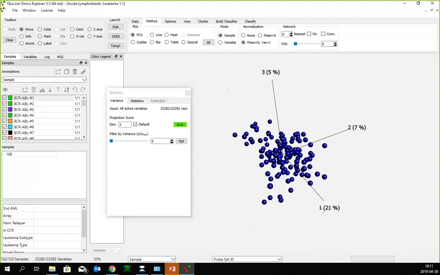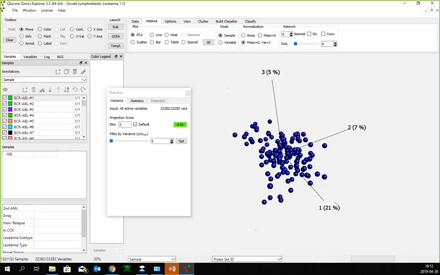And 1 has a number here, 21%, 2 has 7%, and 3 has 5%. There's no surprise in the fact that these are ordered. So this is bigger than this, which is bigger than this, because these 3 are our first 3 principal components. And the principal components determine the 3 directions in 132 dimensional space, which retain the most information.